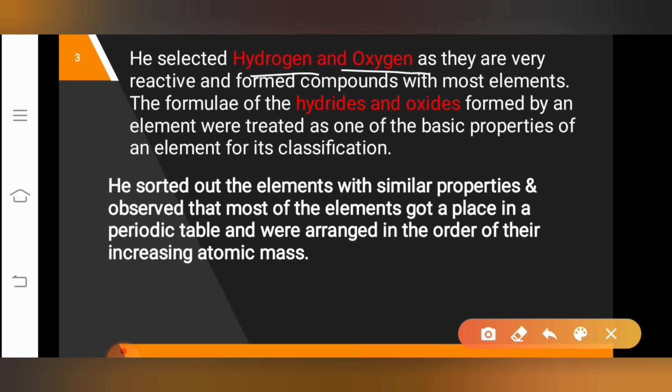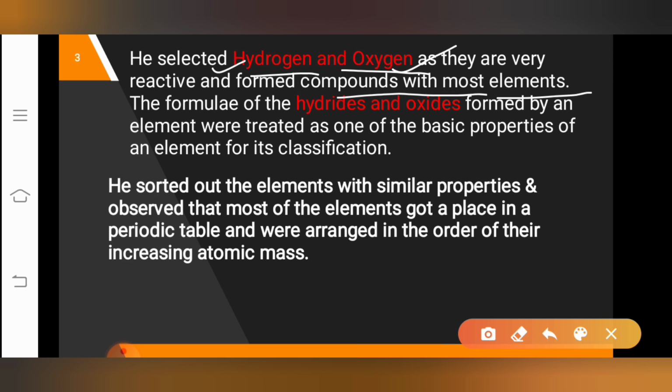So Mendeleev selected two elements, that is hydrogen as well as oxygen, because hydrogen and oxygen were considered to be very reactive elements and they can easily react with other elements to form compounds with those elements. They can easily react with other elements and form compounds.